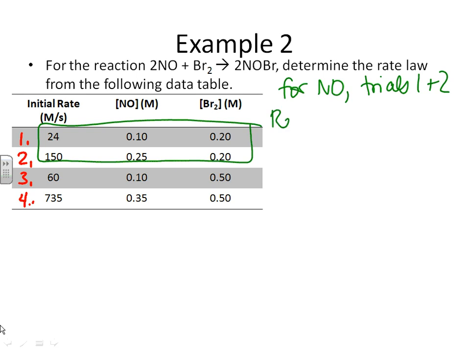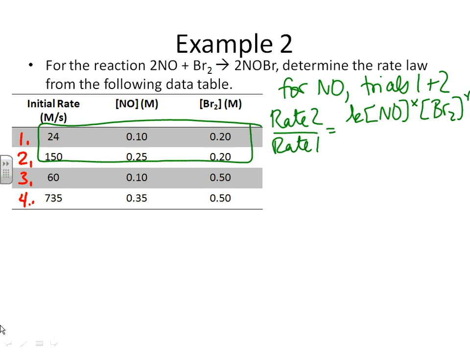So I'm going to do rate 2 divided by rate 1 equals k times NO to the x times Br2 to the y, over k times NO to the x, Br2 to the y.